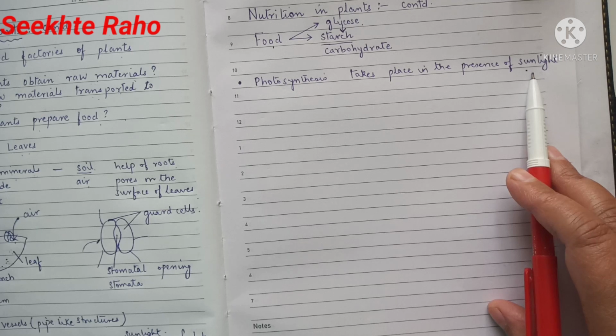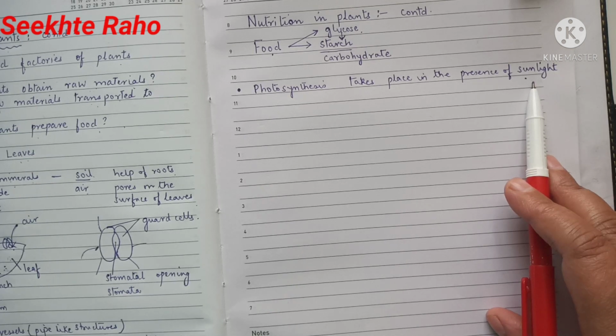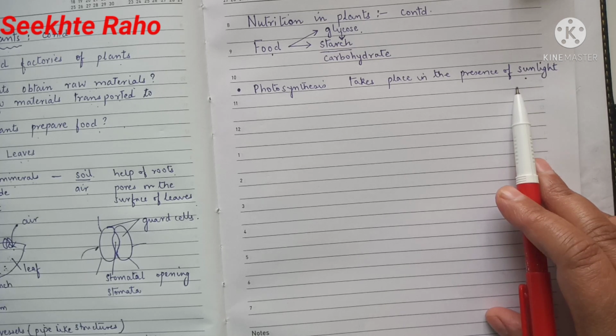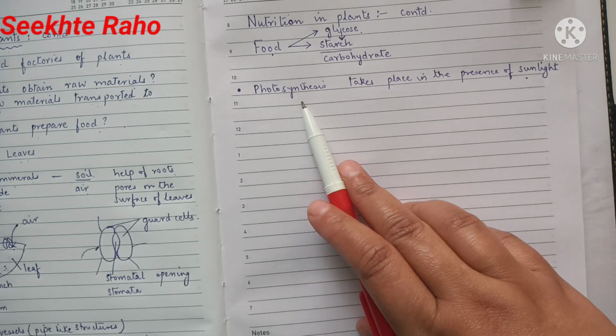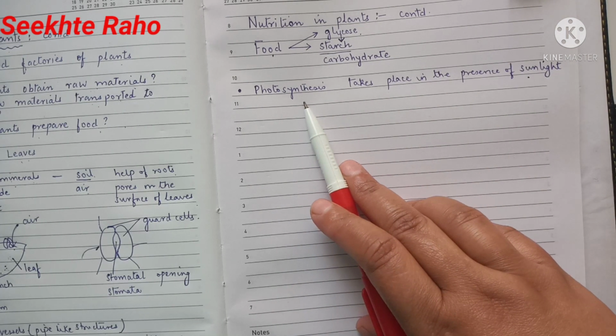And if there is no light, photosynthesis will not take place. I have already discussed with you that the word photosynthesis itself means that it requires sunlight. If there is no sunlight, photosynthesis will not take place.